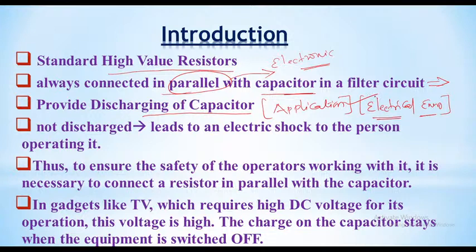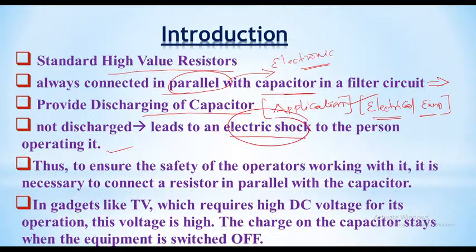Why do we need to discharge the electrical energy in a capacitor? If the capacitor does not discharge properly, it leads to an electric shock to the person who is operating it. It is a major drawback.